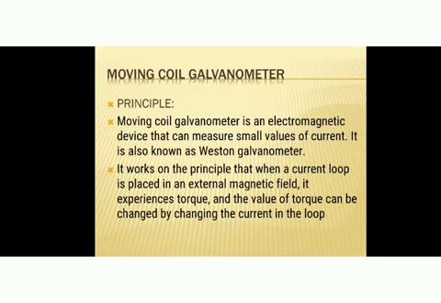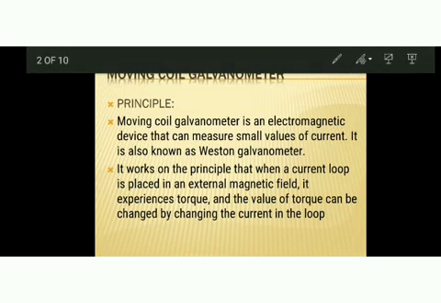And what is the principle behind this galvanometer? It works on the principle that when a current loop is placed in an external magnetic field, it experiences torque, and the value of torque can be changed by changing the current in the loop. In the previous session we had discussed the torque acting on a rectangular coil placed in a magnetic field.